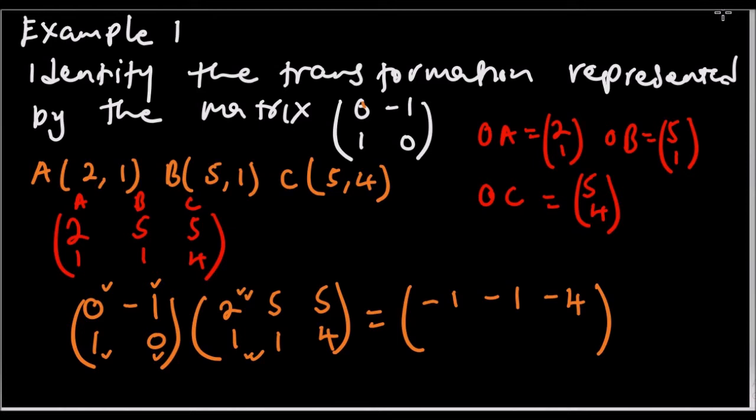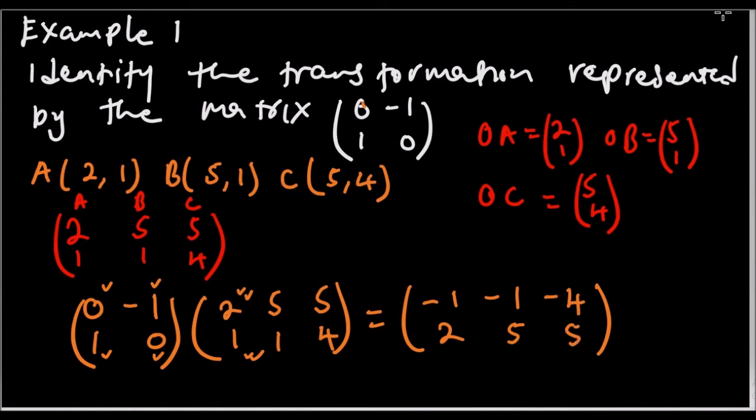So 2 plus 0, you get 2. You do the same. 1 multiplied by 5 is 5. 0 multiplied by 1 is 0. So 5 plus 0 is 5. 1 multiplied by 5 is 5. 0 multiplied by 4 is 0. 5 plus 0 is 5.